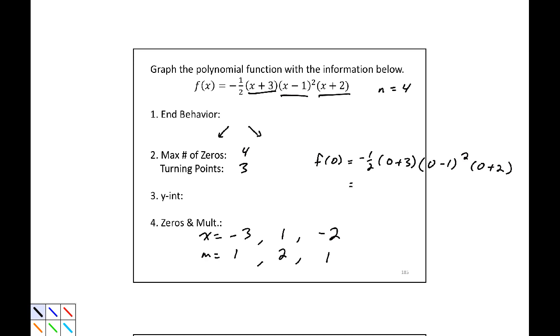That would be negative 1/2 times 3, and that would be negative 1 squared, so that's positive 1, times 2. And that is equal to negative 3. So our y-intercept is 0, negative 3.